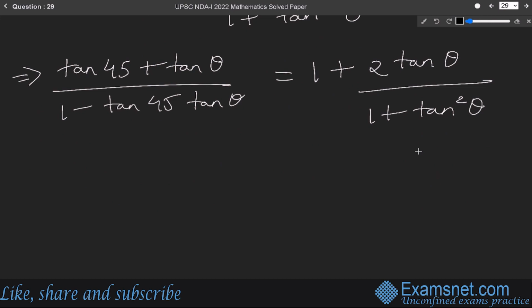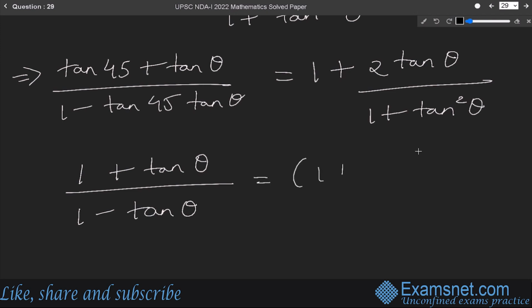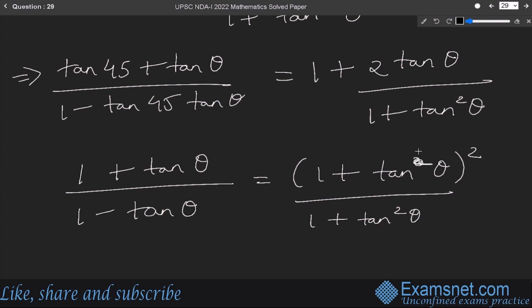Further solving it, tan 45 is 1, so it will be 1 plus tan theta upon 1 minus tan theta. And on the right hand side, it will be (1 plus tan square theta plus 2 tan theta) upon 1 plus tan square theta, which is the whole square.